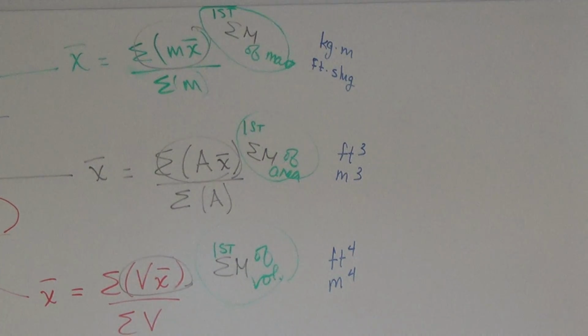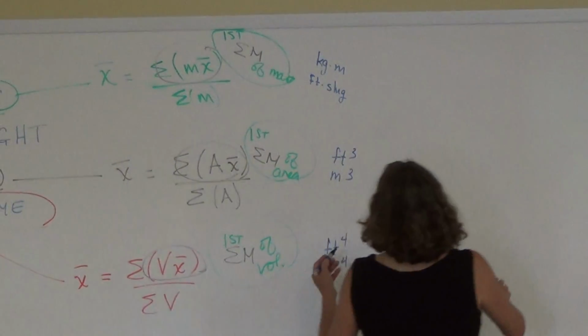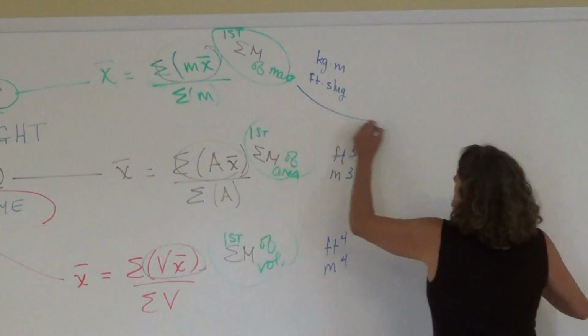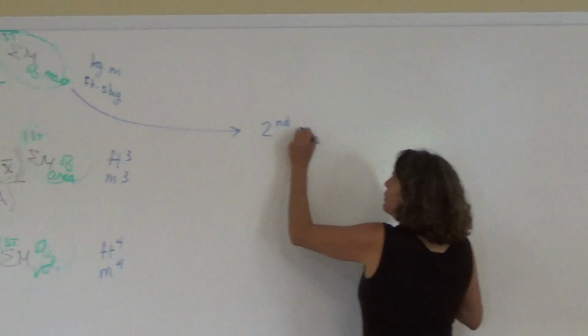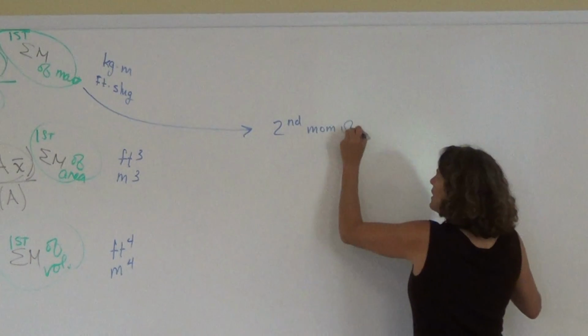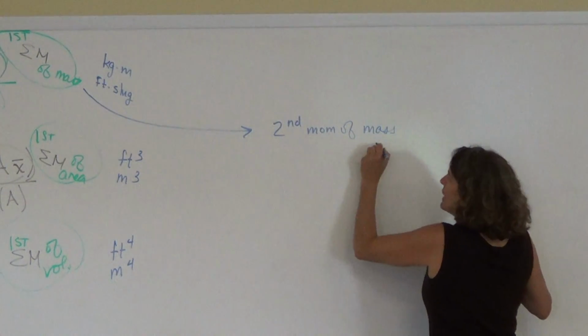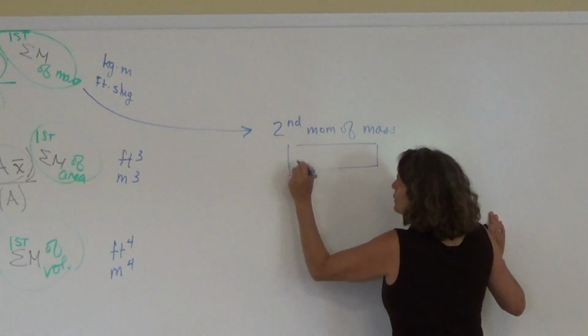What did you learn in physics and maybe in math that you're going to learn again here? A moment of inertia. When you take, instead of the first moment, the second moment of mass, it is called what? Moment of inertia.